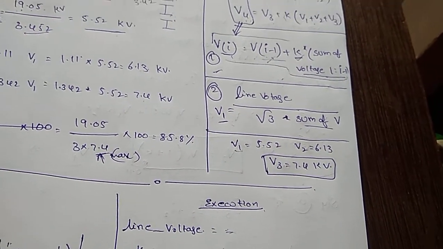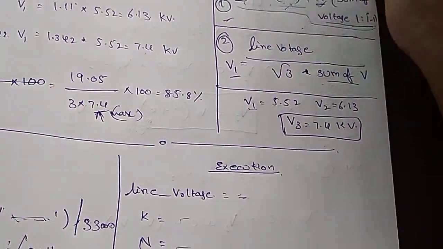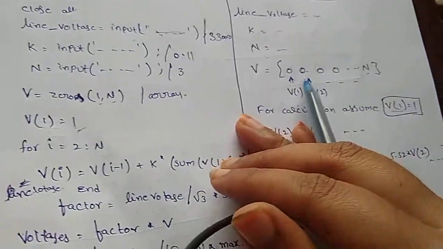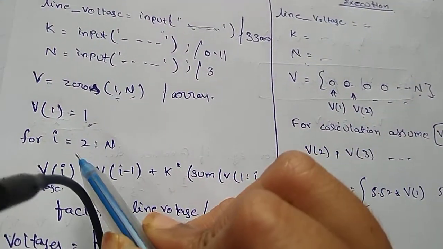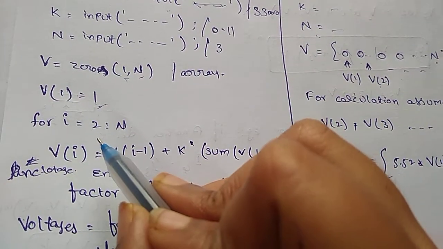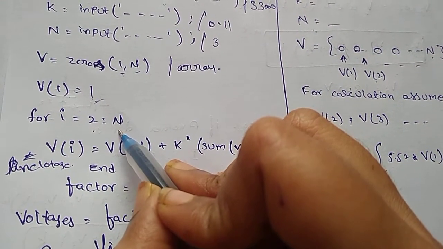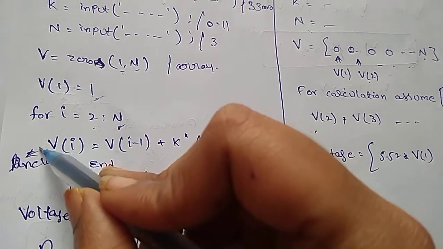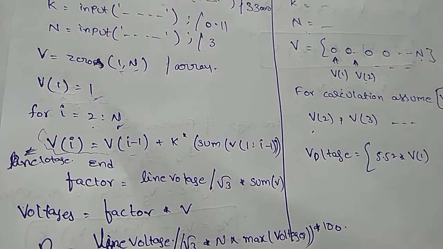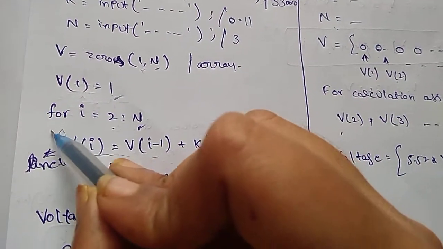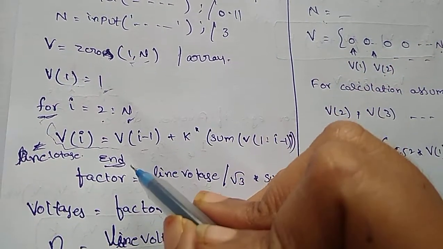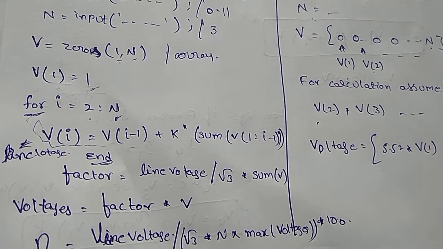But I want to run this equation for all the disks, starting from the second disk onwards up to the last disk, the nth disk. So I will run this in a for loop. I'm using only one statement in the for loop for calculating V1, V2, V3.